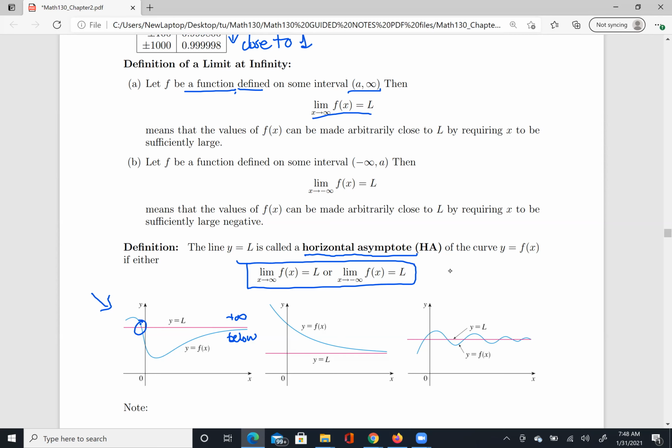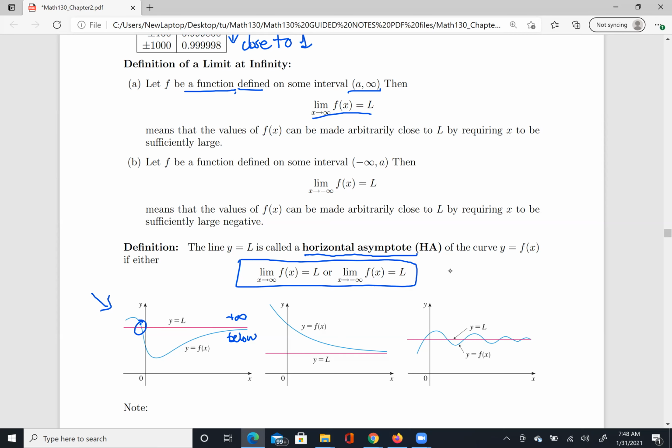Finally, if you see the graph, when x approaches negative infinity or positive infinity and the limit becomes L, the value of the horizontal asymptote, then you can still call it a horizontal asymptote.